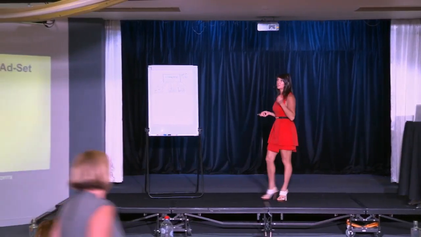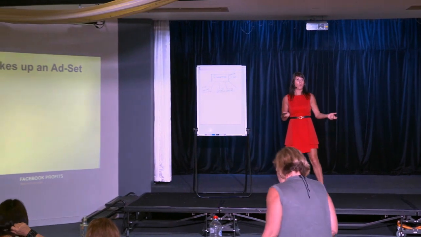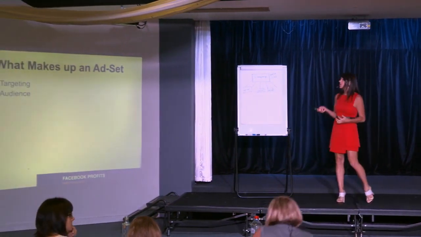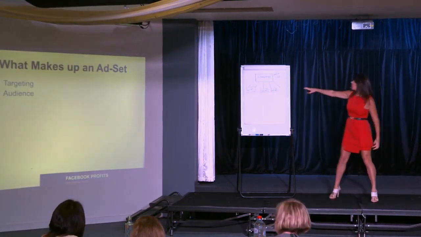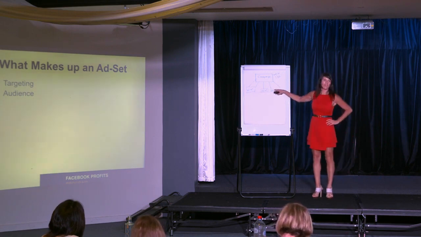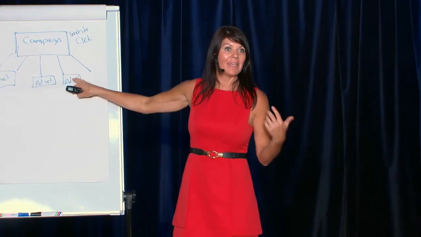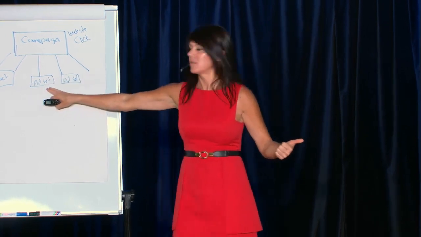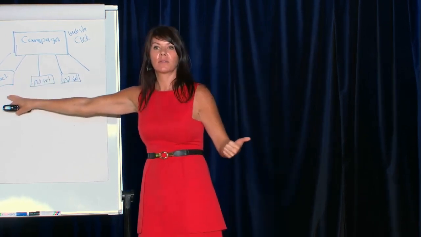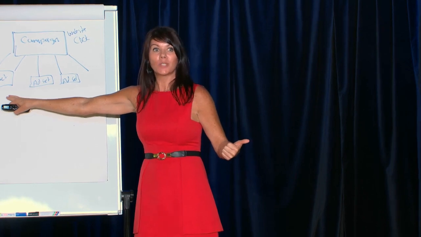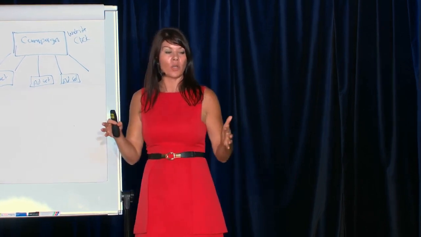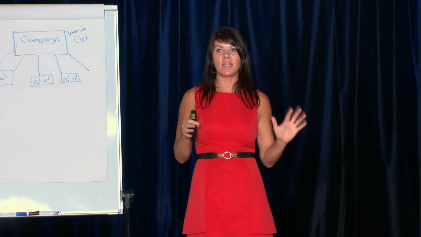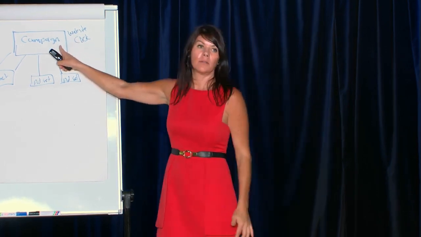So ad set is all about targeting. This is where we put our audience together, or our placement, and so on. In the ad set level, we choose who we're going to advertise to. What's the demographic? Is it going to be our fans, our lookalike audience, our website audience? I tend to do 5 ad sets per campaign.